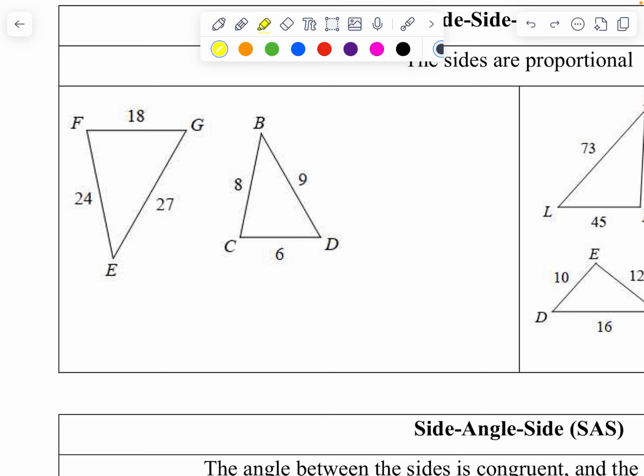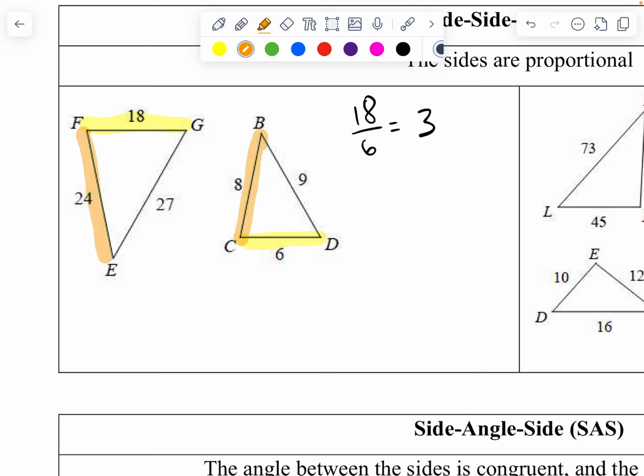So for example, my smallest side here is 18. That can only correspond to the other smallest side on the other triangle, which is 6. Now, I like not having fractions, so I'm going to go from the larger to the smaller triangle. I'm going to say 18 divided by 6, we get 3. And then we just keep going. So the next biggest side is 24.